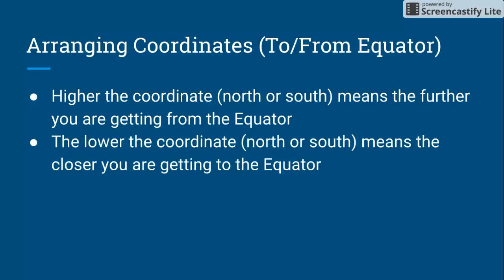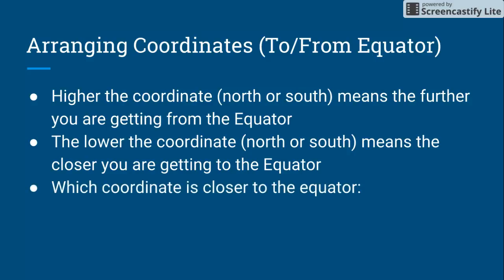The lower the coordinate means the closer you're getting to the equator. So 1 degree north and south is very close to the equator. 90 degrees north or south is very far away from the equator. So the smaller the number, the closer you are to the equator. The bigger the number, the further you are away from the equator.